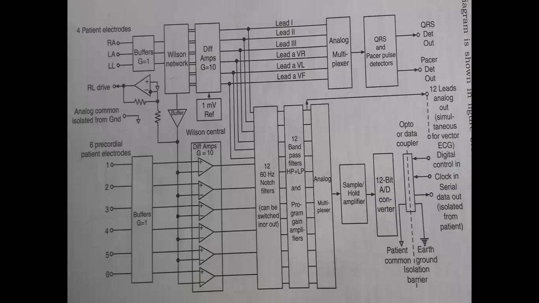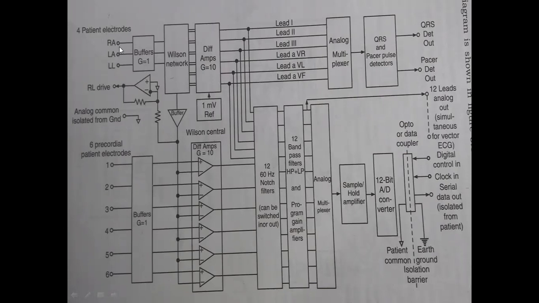And this is another, modern type of ECG machine. Here you may see that the electrodes from the right arm, left leg, and right leg, where the right leg can be used as a ground reference.